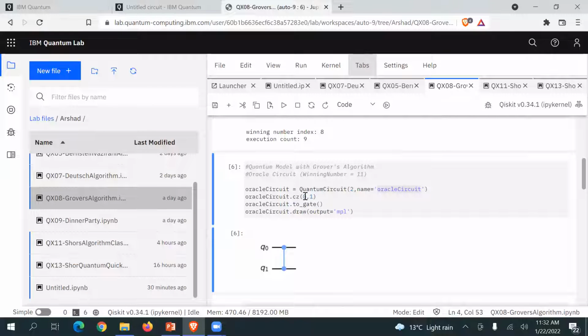Now in the Oracle circuit, we apply a CZ gate to both and then convert to a gate. Applying some gates and then converting to a gate means you are transforming the whole thing into a single gate. Like an adder circuit, which is a combination of AND gate, OR gate, NOT gate.